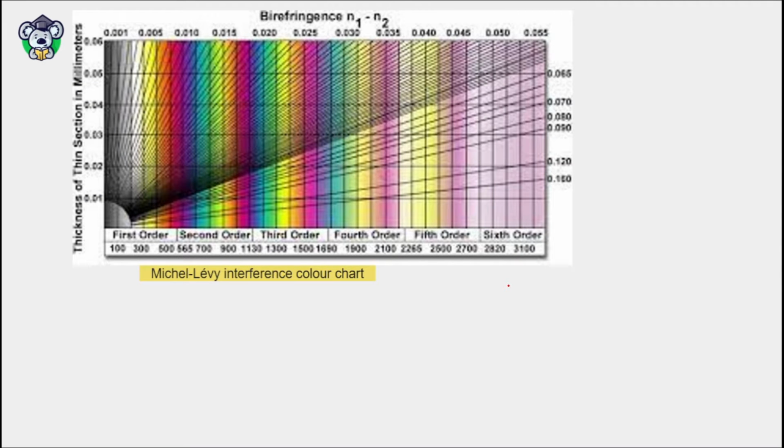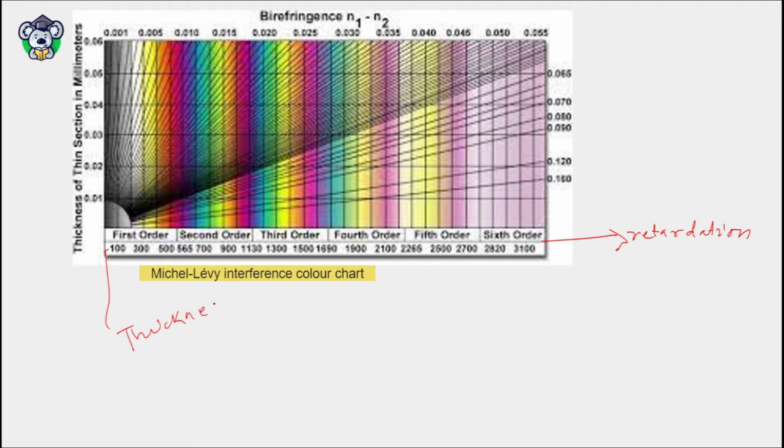What does this image say? Here you see this x-axis indicates retardation values, and this y-axis is thickness.